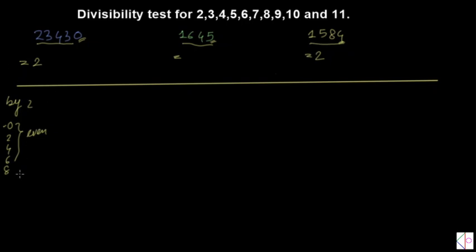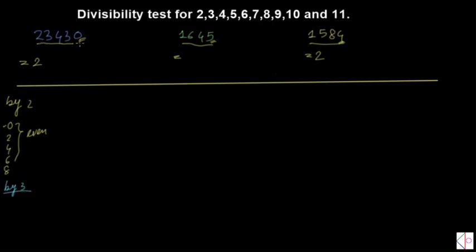Now let us take 3 in our next case. In the case of 3, the rule is that if the sum of the digits is a multiple of 3, or exactly divisible by 3, then the number is divisible by 3.